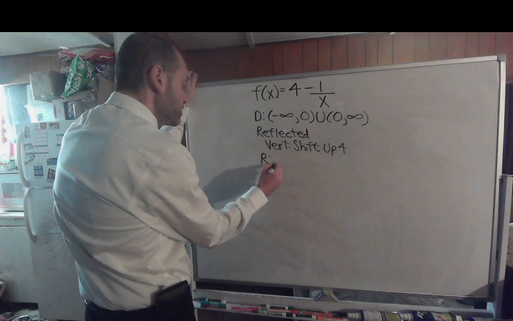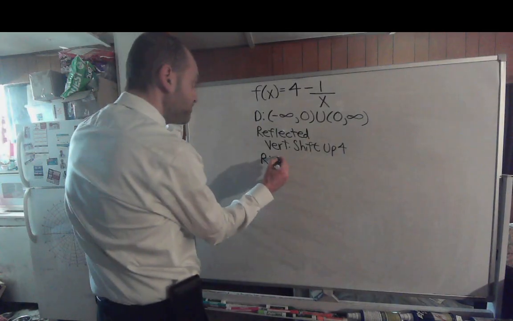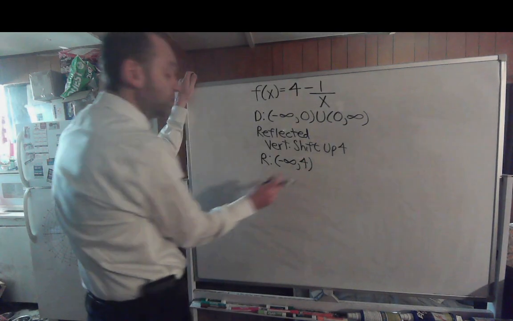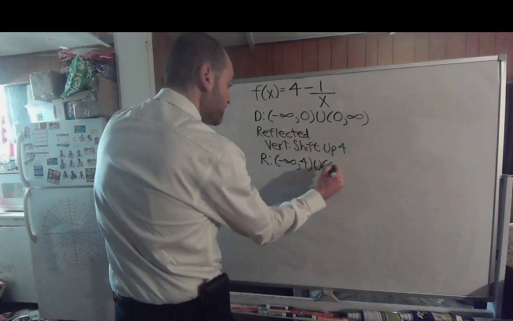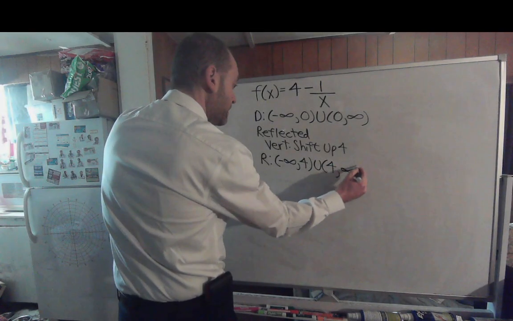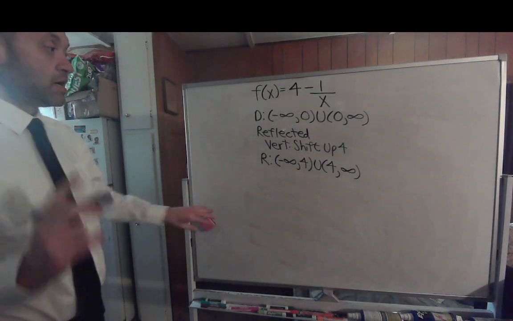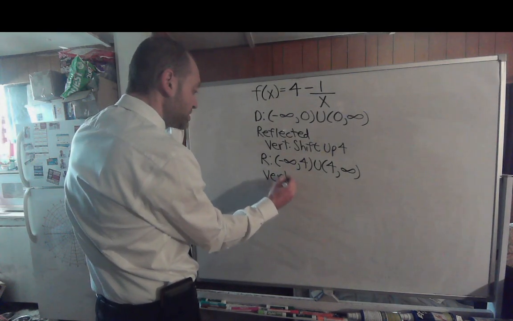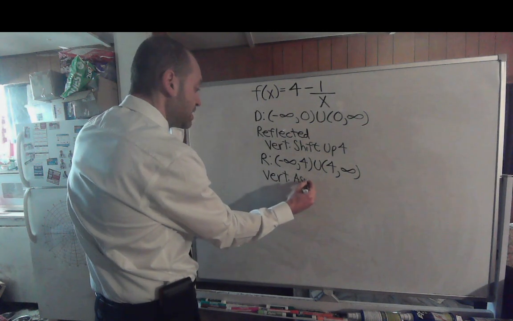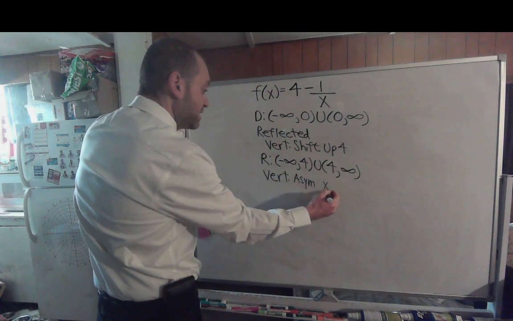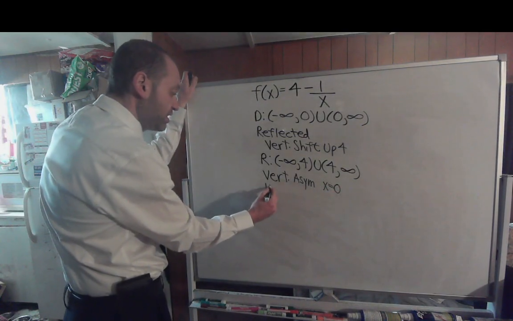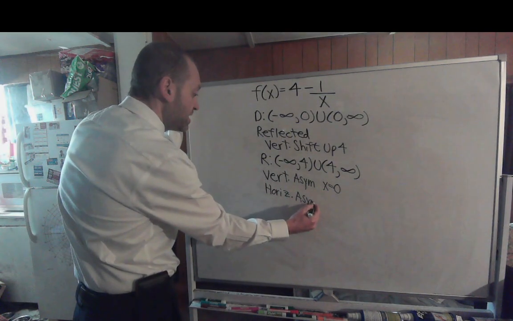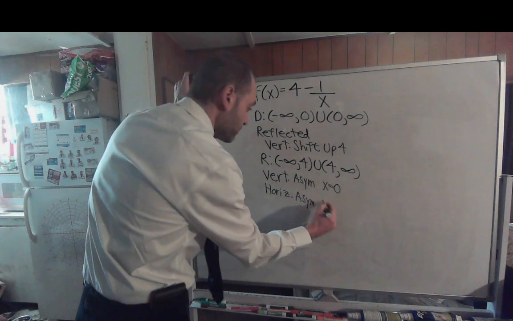So your range is actually going to be from negative infinity to 4 non-inclusive, in union with 4 non-inclusive to infinity. Alright, so now we've established that we have a vertical asymptote at x equals 0. We have a horizontal asymptote at y equals 4 because that plus 4 shifts everything upwards 4 units.